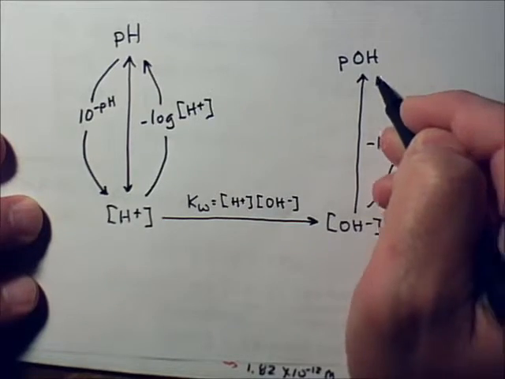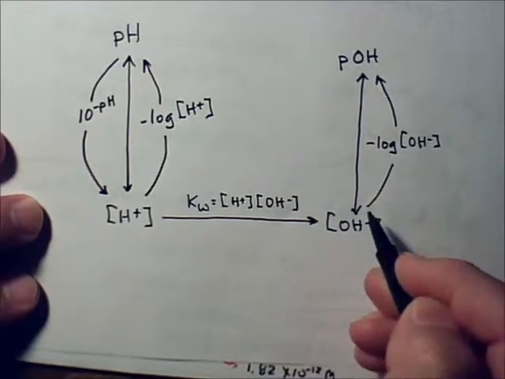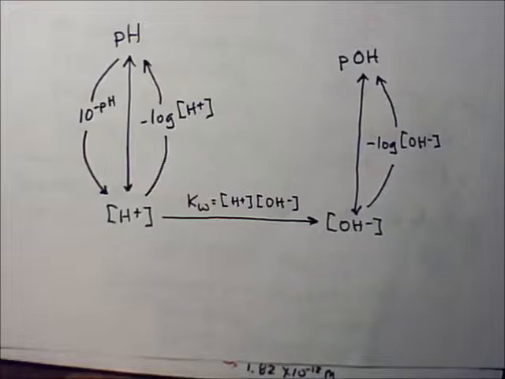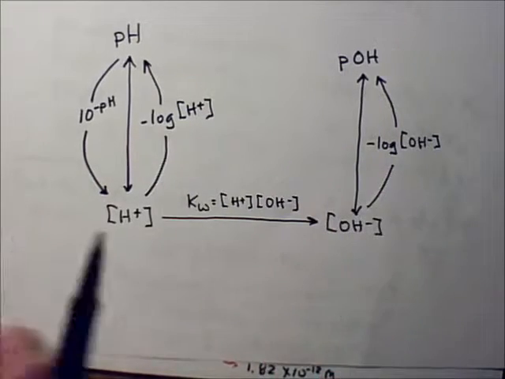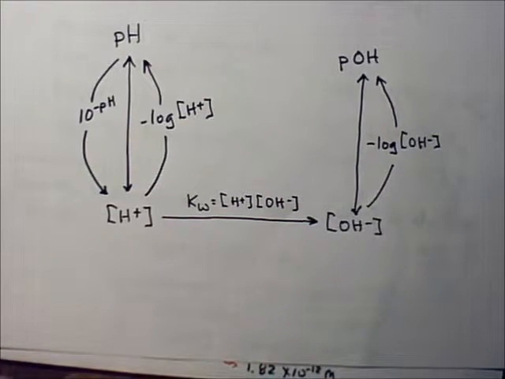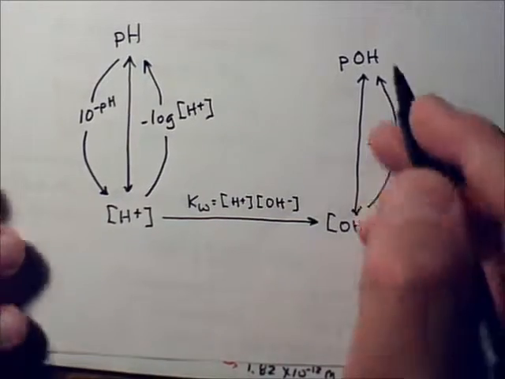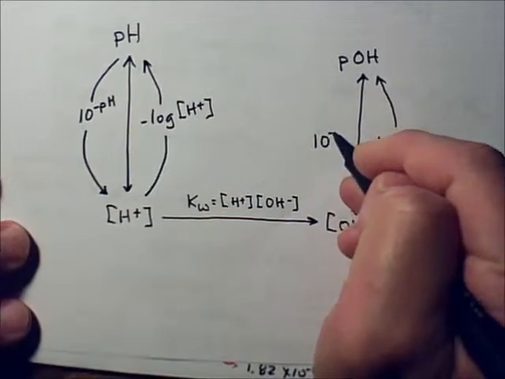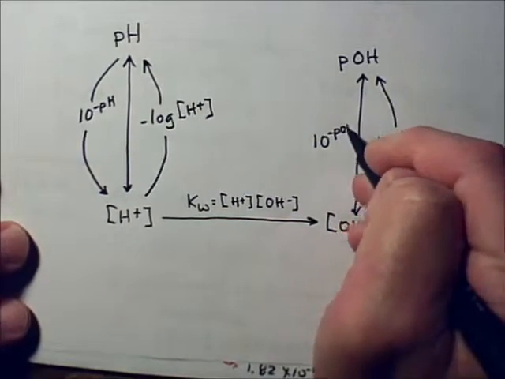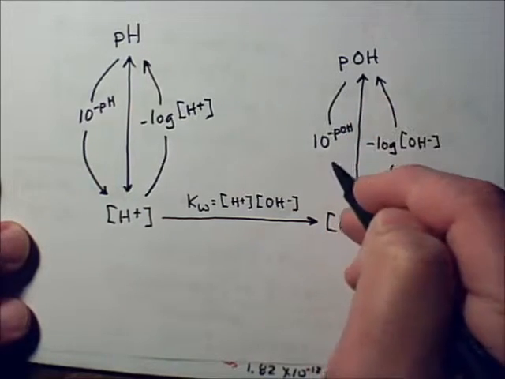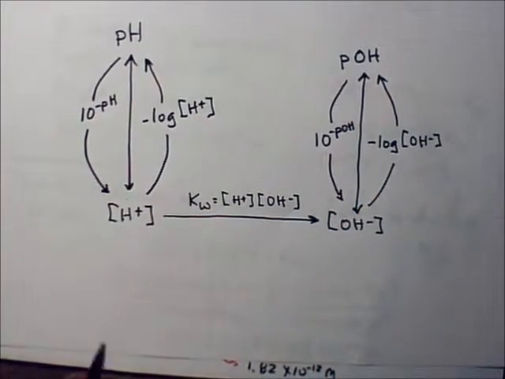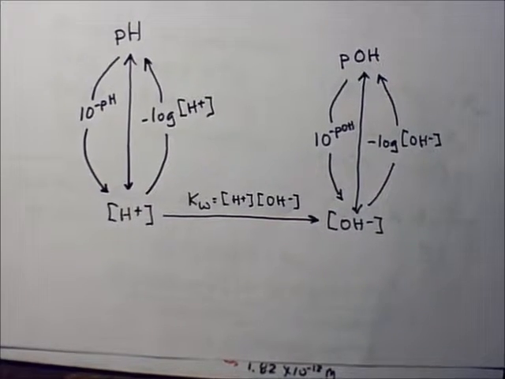So if I want to go from this direction, I can go here. How do I go back the other way? If I've got the pOH, how do I find the OH concentration? Just undo it. That makes sense? To a degree. All right.